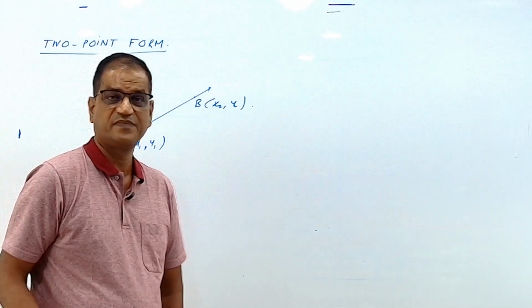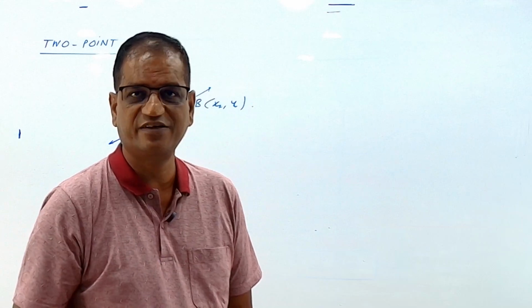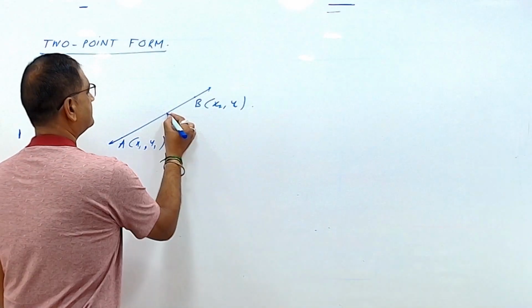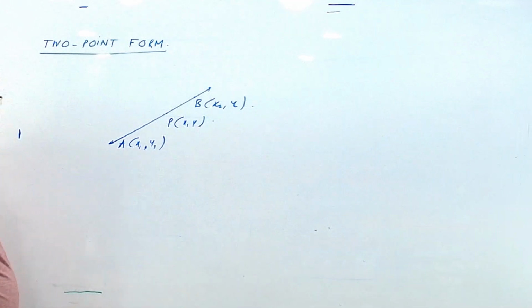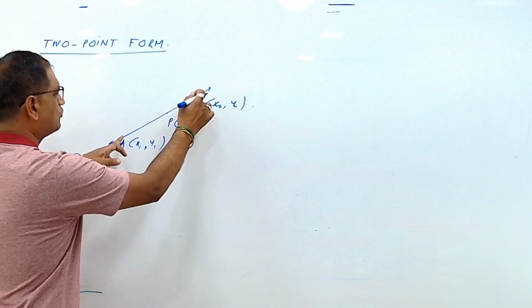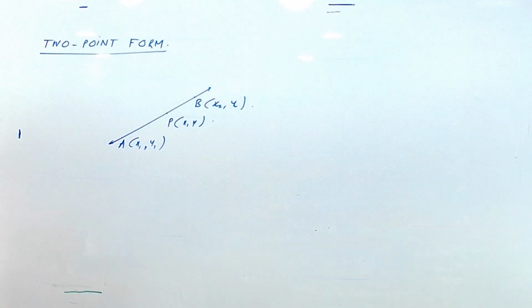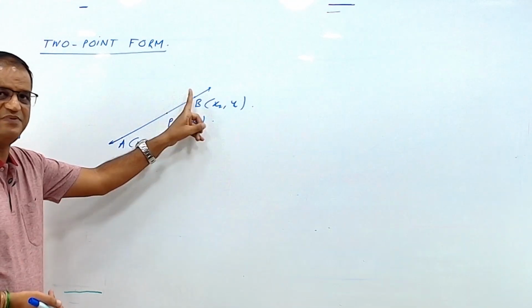right? Now, say for example, a moving point P is there on the line. Say this is the moving point P on the line having coordinates x comma y, the variable coordinates. So can I say slope of AP equal to slope of AB?